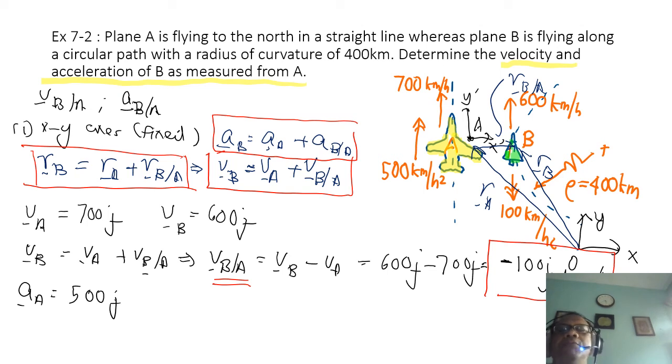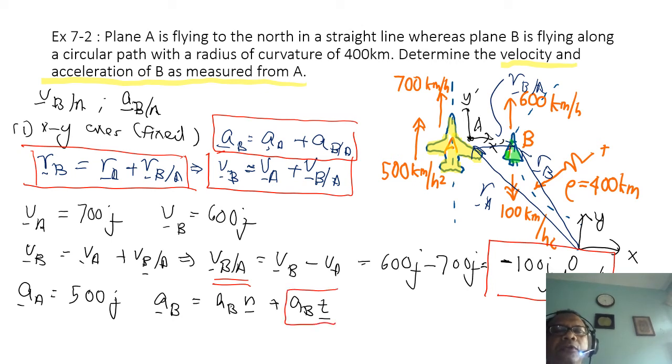So what about B? B has two components, because we have learned from curvature. So it has a tangential component. So I'm going to put here AB equals ABN, normal, and ABT, tangent. What is the tangential component?